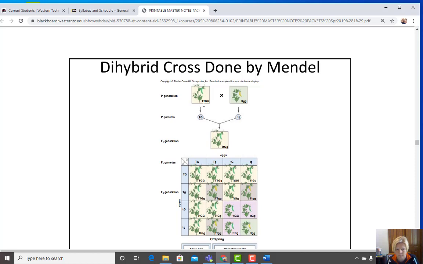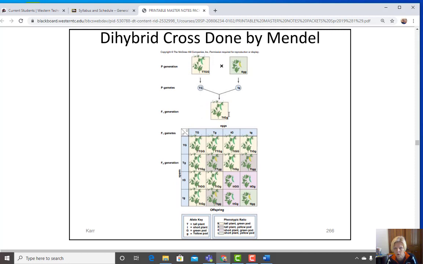So when they come together in the first generation, the F1 generation, we have a homozygous dominant parent crossed with a homozygous recessive parent. We're always going to get heterozygous offspring. So the F1 generation is always going to have one of each of these parents' alleles, and they're all going to be heterozygous, and they're all going to look like the dominant parent, right? Because they're heterozygous, they contain the dominant allele.